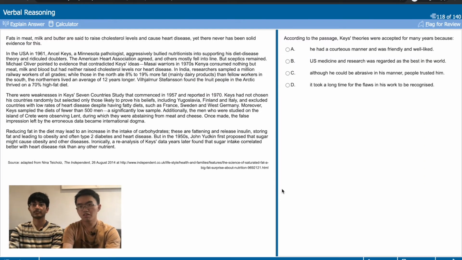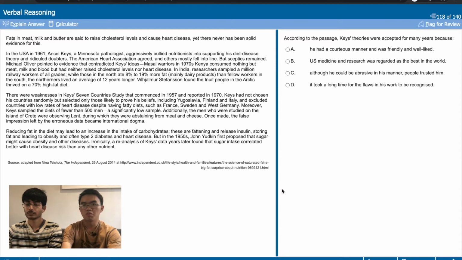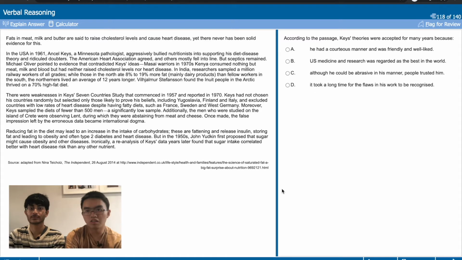So here's the next question, and as usual, if you want to pause it here and try doing the question yourself. This is an according to the passage question, which basically calls for you to look for a specific idea in the passage. In this situation, it's talking about Keyes' theories being accepted, so that'll be in the second paragraph, as you can see there. It talks about how he aggressively bullied nutritionists, so A is definitely not right.